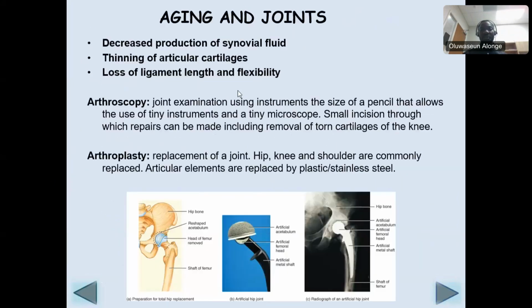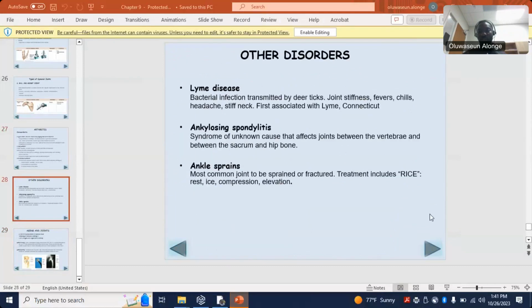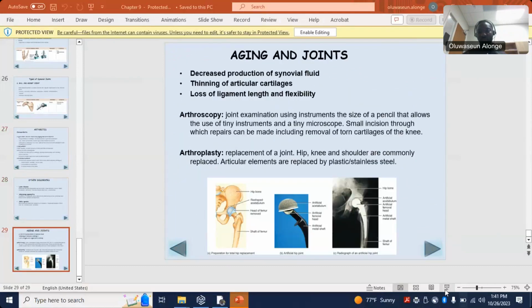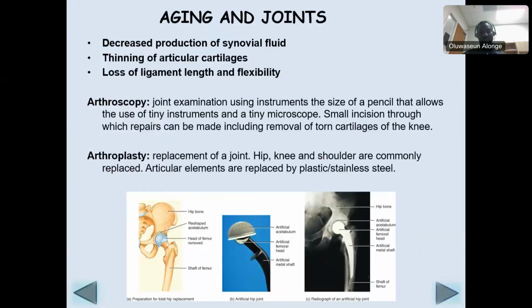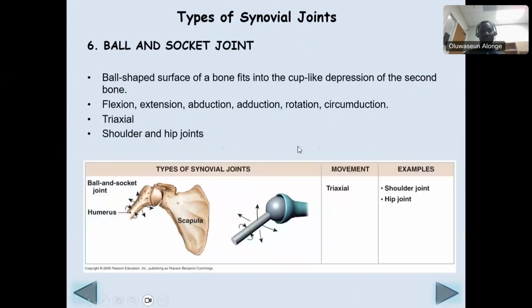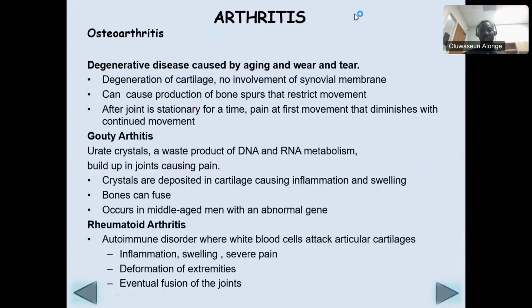Now, in cases when there are injuries to joints, or any kind of inflammation or trauma on the joint, some joints degenerate over time because the cartilage depreciates, degenerates, and wears out.